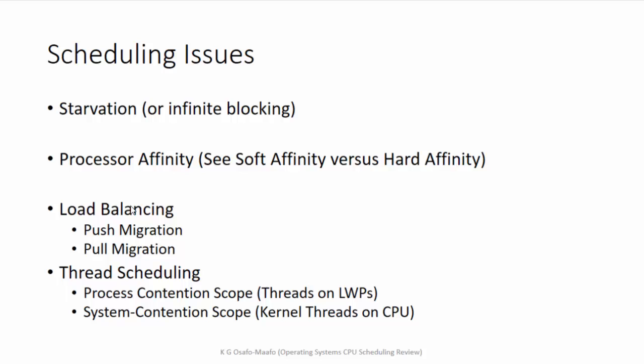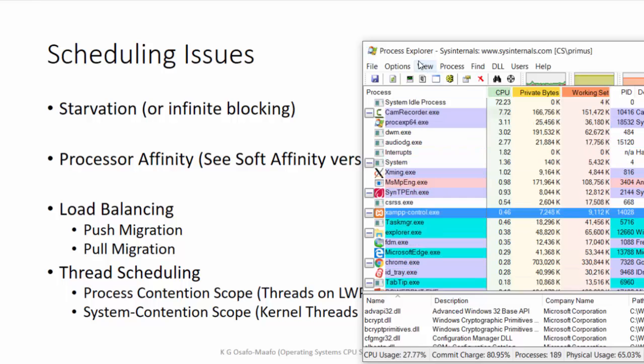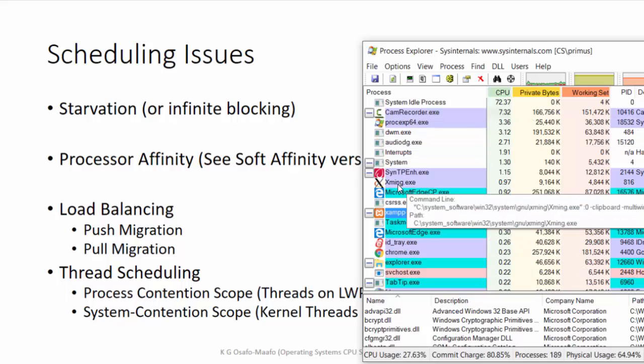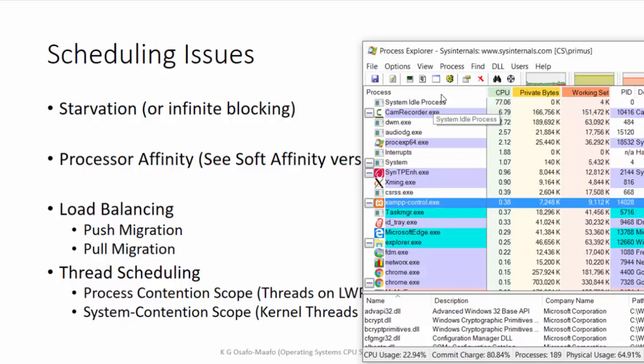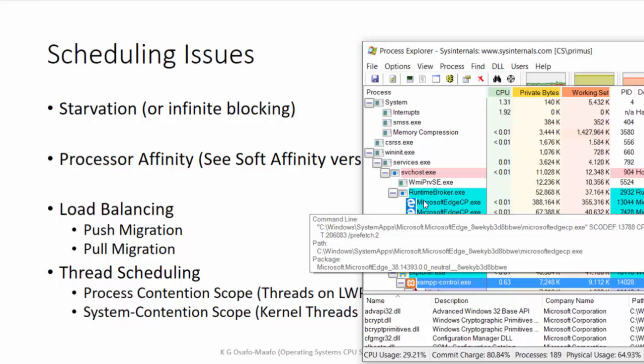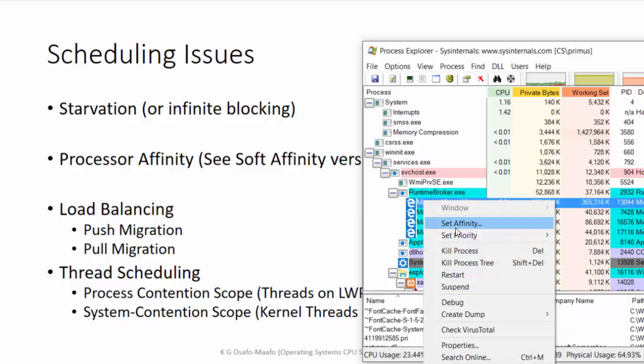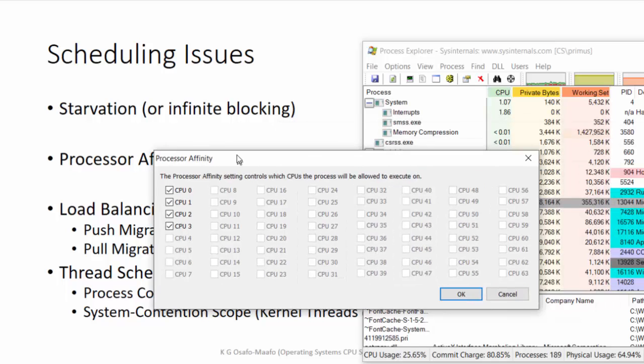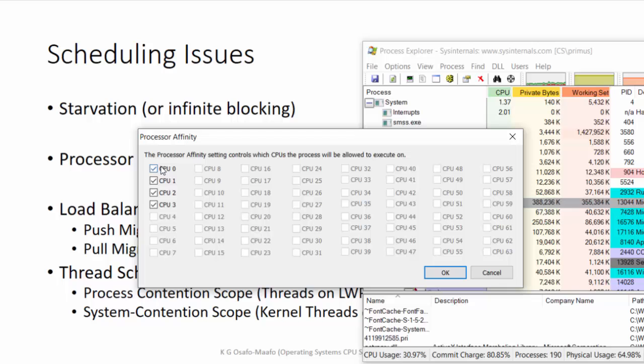Processor affinity means that some of the programs are running on specific processors. Let me pull out, okay, so this is Process Explorer again. This is a real system, not like a fake system or anything. Let me sort these and pick one of these. Now when I say set affinity, this program, Process Explorer, allows you to pick which of the CPUs to run on.